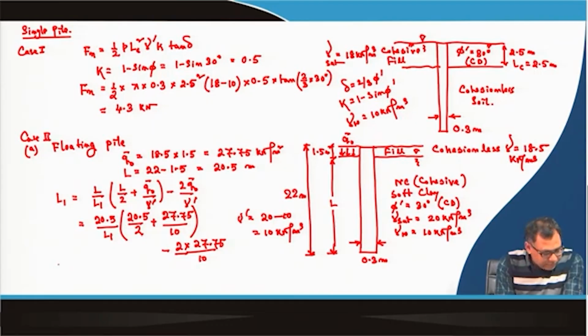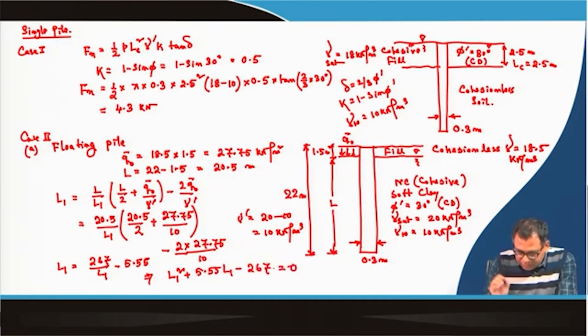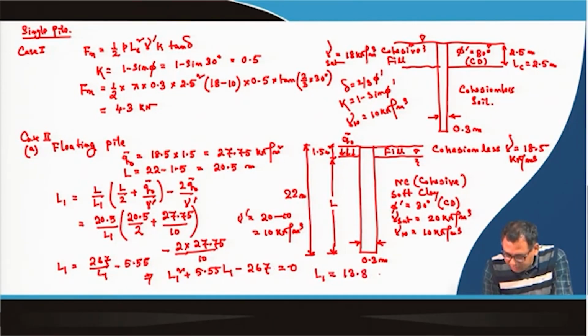So, we will get L1 is equal to 267 divided by L1 minus 5.55, or we can write L1 square plus 5.55 L1 minus 267 is equal to 0. So, after solving this I will get L1 value is equal to 13.8 meter.